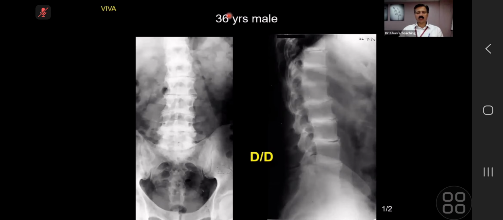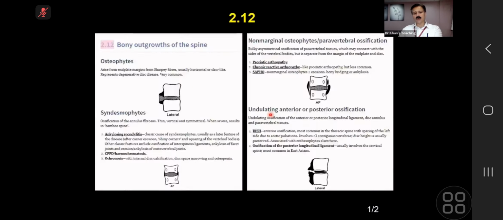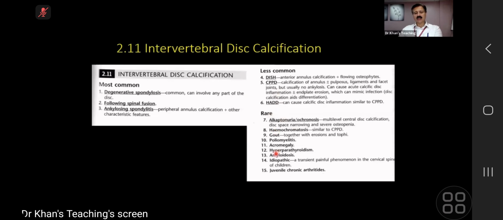Now, this particular case is a 36-year-old with intervertebral disc and a lot of degenerative changes. I don't have time to go into details of all of these, but if you start having a debate, what can it be?